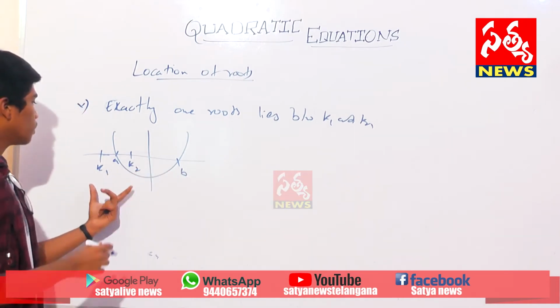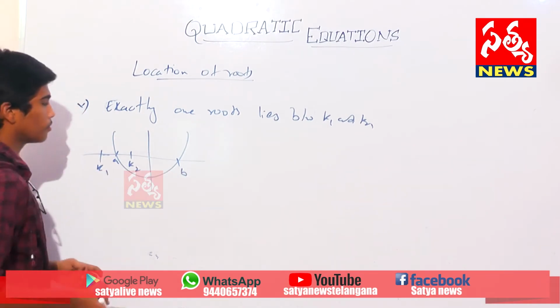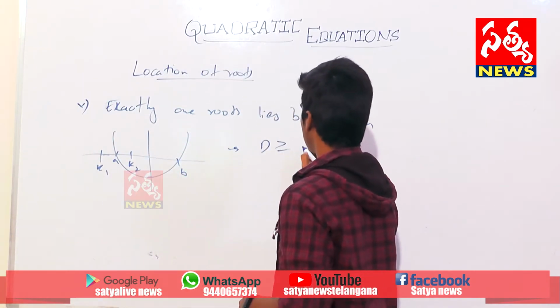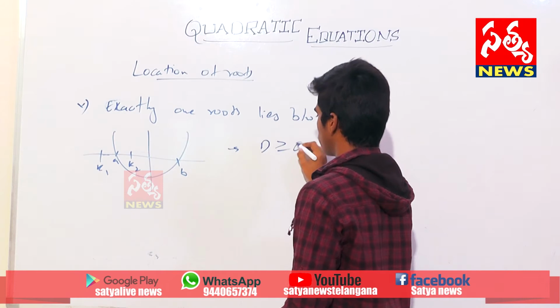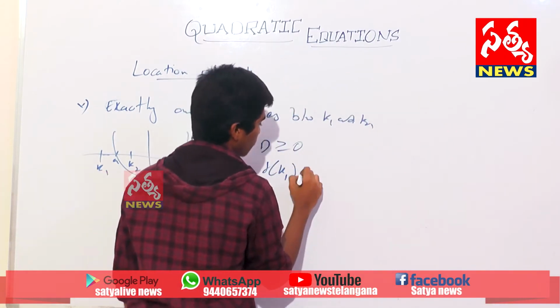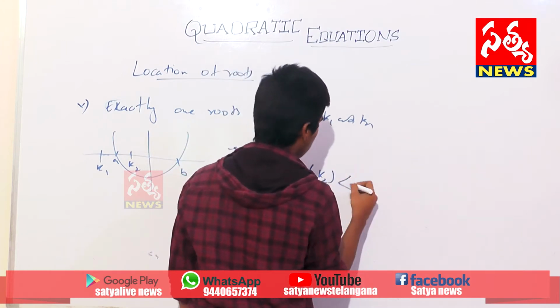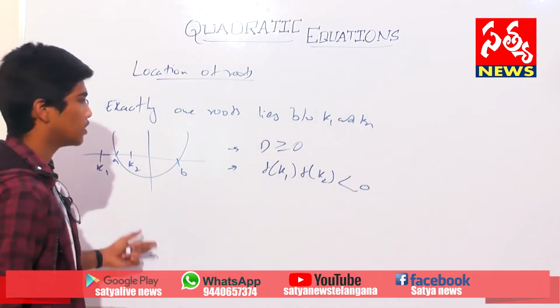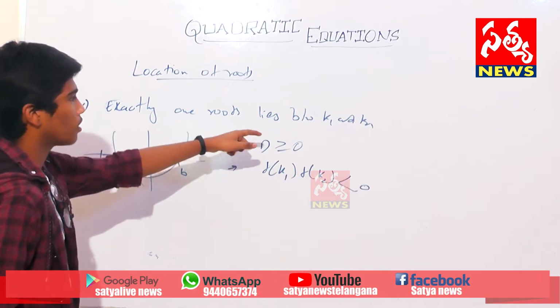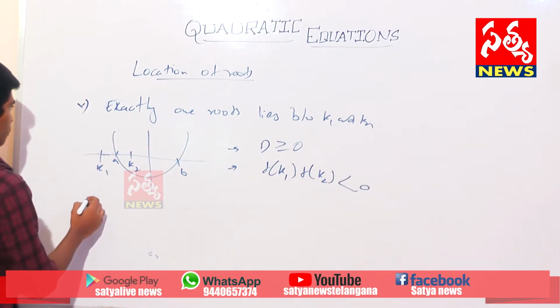So here only a is lying between k1 and k2. So for these we have to take discriminant greater than or equal to 0 and f of k1 into f of k2 is less than 0. These are the conditions we should check for exactly one root lying between k1 and k2.